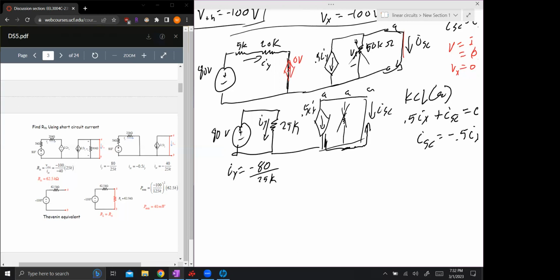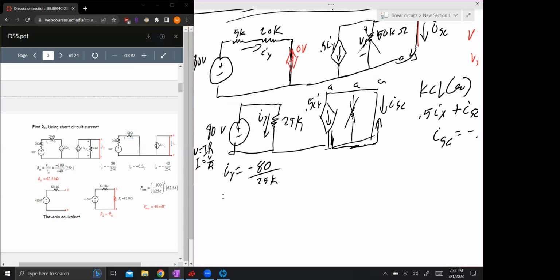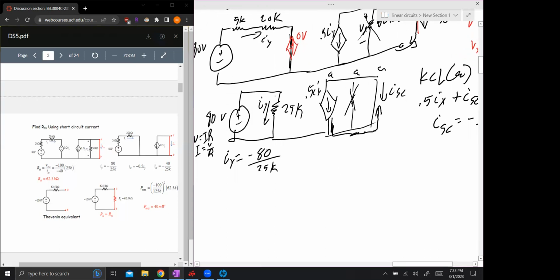Actually, 80 over 25, wait, never mind. We're on the right track. We're solid. IY is equal to voltage over resistance, so it's 80 volts divided by 25, because of passive sign convention. Is that why?